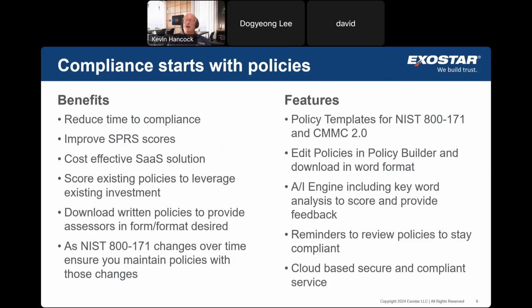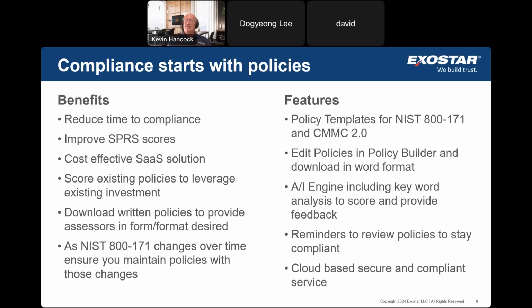You need policies and procedures around each of those. The Policy Pro application provides you templates around those, allows you to update those to fit your particular organization, and allows you to take maybe existing policies that you already have as well as the new ones that you create, and run that through its AI engine.